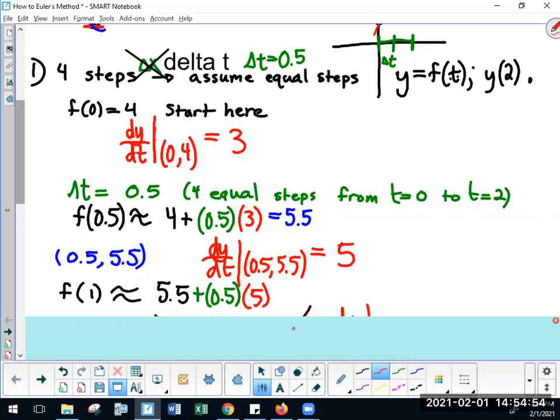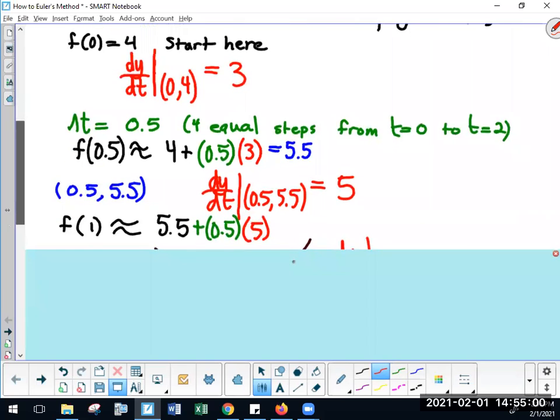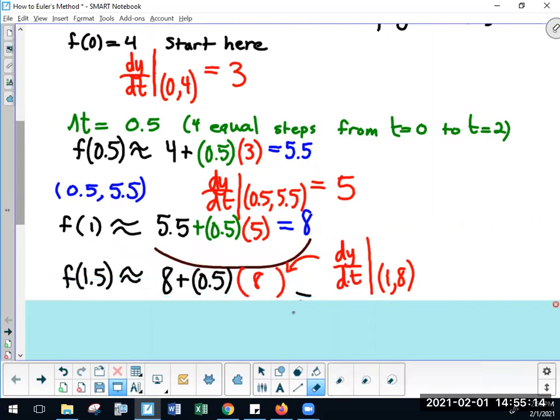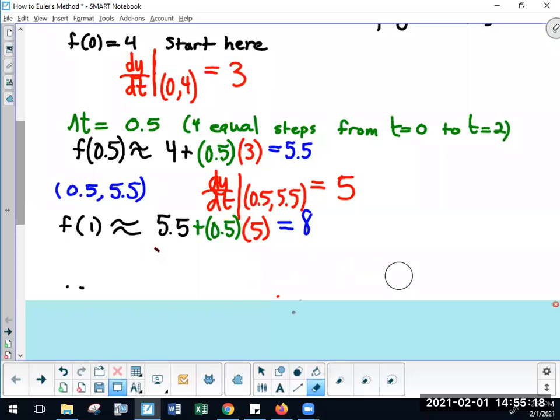I'm iterating the process. I'm literally doing the same thing, but for the new point. So let's see, do some quick arithmetic here. 2.5 plus 5, I got 8. Okay. So the curve f of t is approximately at the point 1 comma 8.